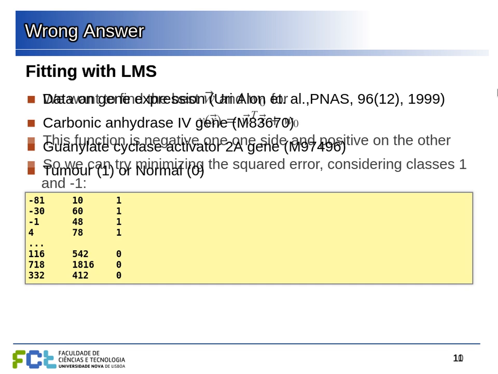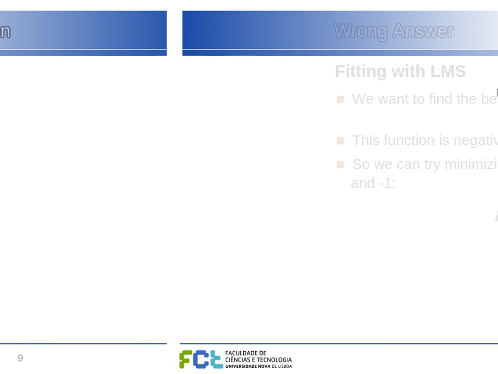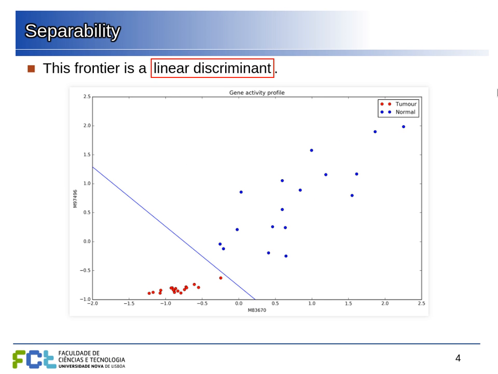So this is easy to do. We take our data. In this case, we have these two genes, carbonic anhydrase and guanylate cyclase. The activity of these two genes are the features. So the X vector has these two values, and this is what we are representing in this chart.